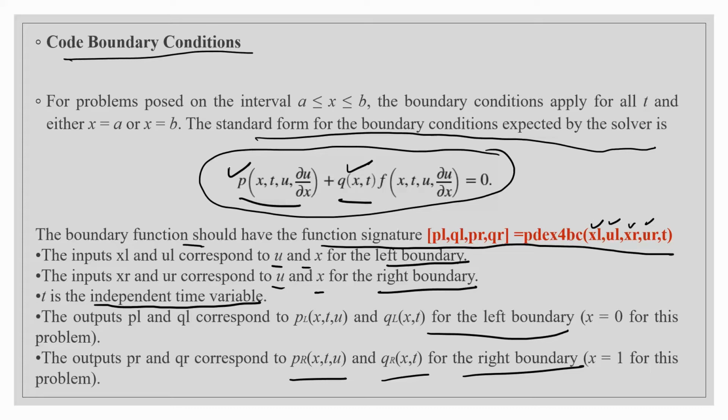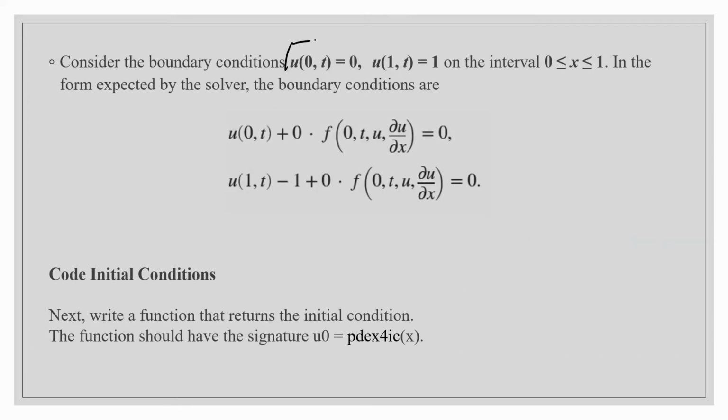In our example, the left boundary is given to be 0, and at distance 1 I have a temperature of 1. So I have written the boundary conditions the way the solver expects.